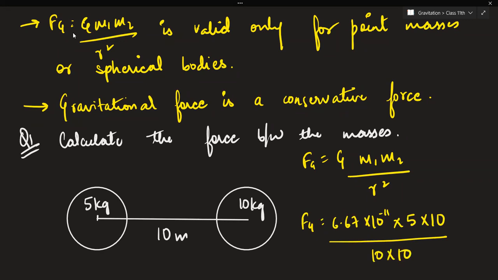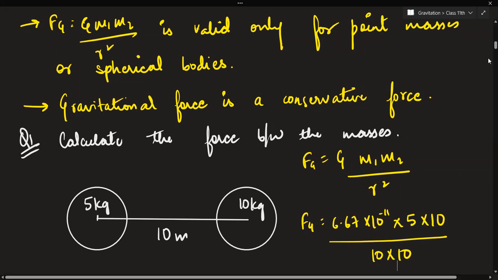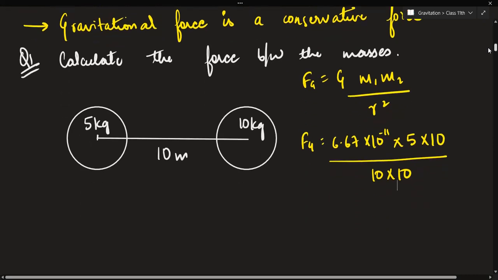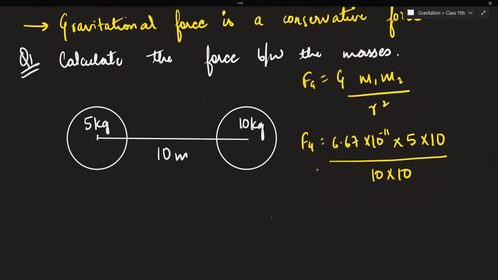So 10 will cancel. Let's take it as 6, and it will be 30. So the force will be 30 into 10 to the power minus 12.